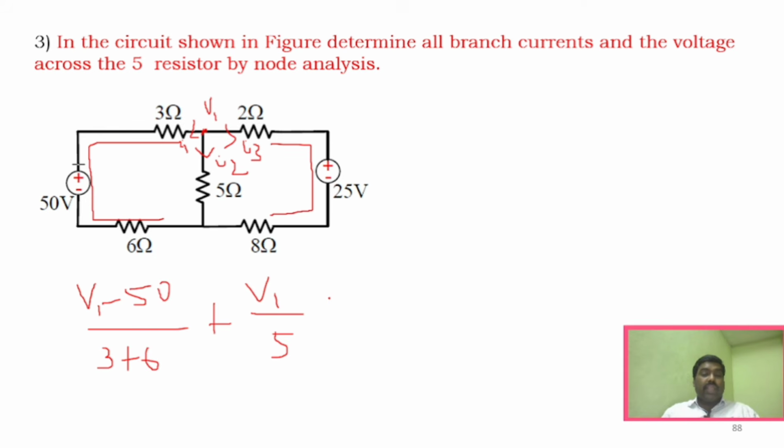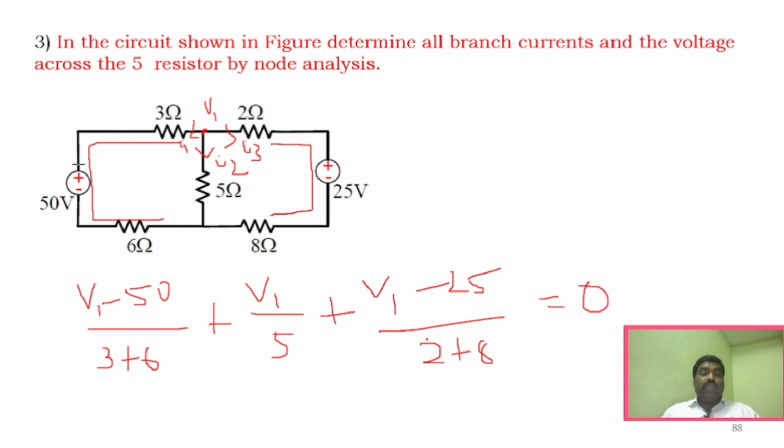Now for this branch, it is again higher potential here, V1 minus 25 divided by 2. This is what you normally write, but you have another 8 ohm resistor, so it will be 2 plus 8. This is how you have to write the expression. You can also add and write it as 9 and 10 here.